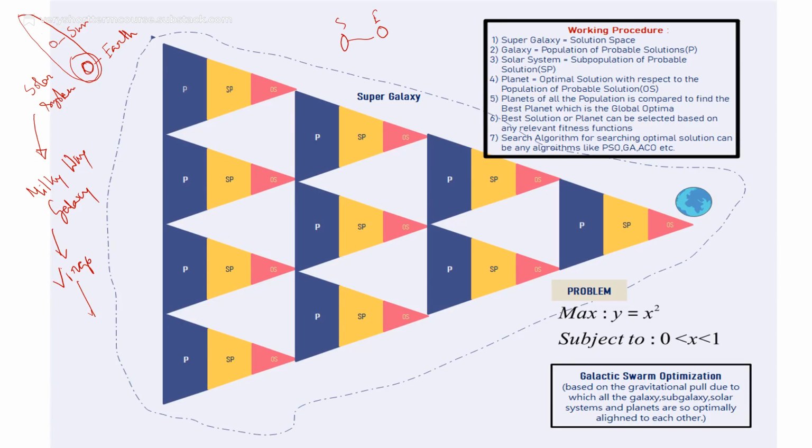And the sun is being pulled by the Milky Way galaxy, right? This is a big spiral galaxy, and it is the second largest spiral galaxy that exists in the observable universe.